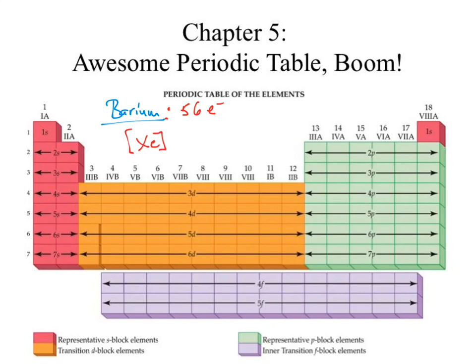How many extra electrons do we need over the xenon configuration? 2 electrons. Starting in our 7th energy level? Is it 7? I keep saying 6 and I keep not believing you. I apologize. Our 6th energy level, the first orbital in our 6th energy level, s, 2 electrons. Why 2? What's the first column?